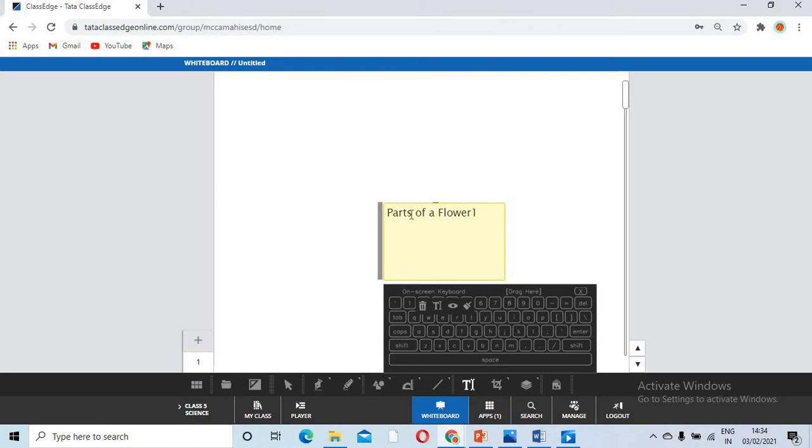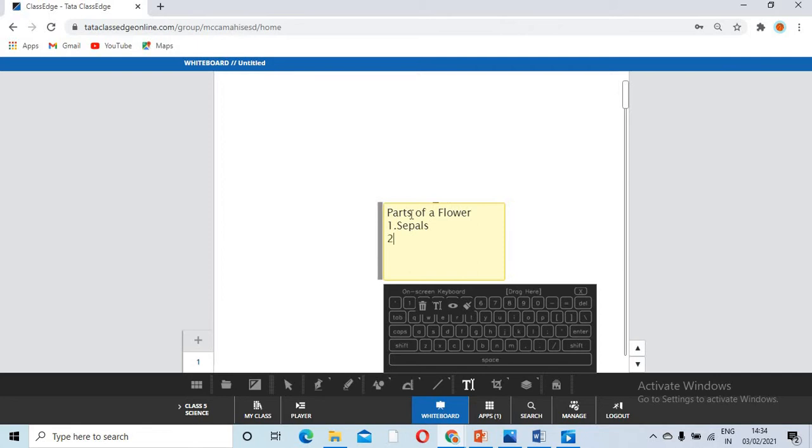The first one is sepals. I will explain each and everything in detail.